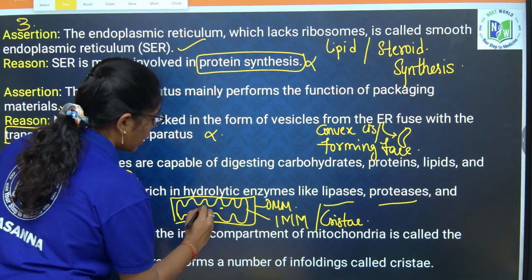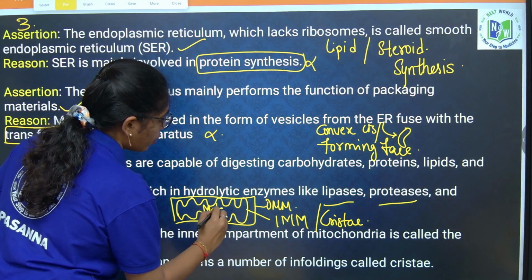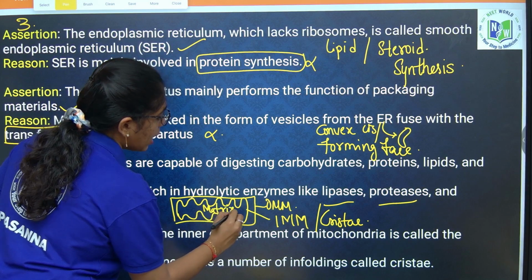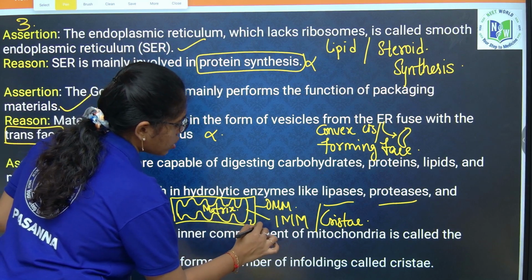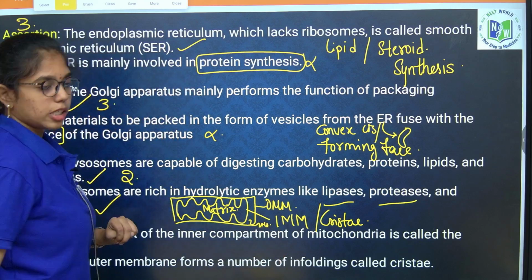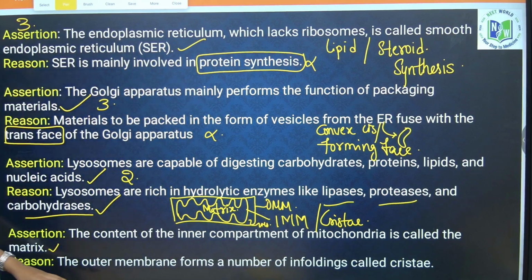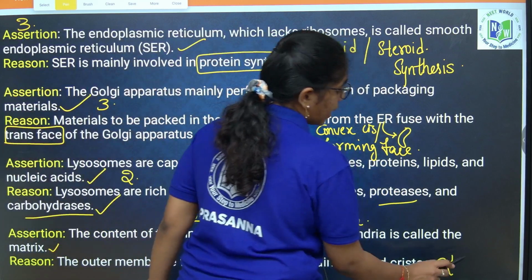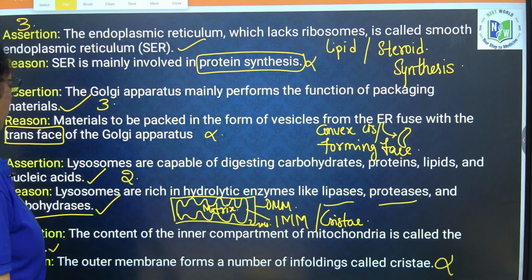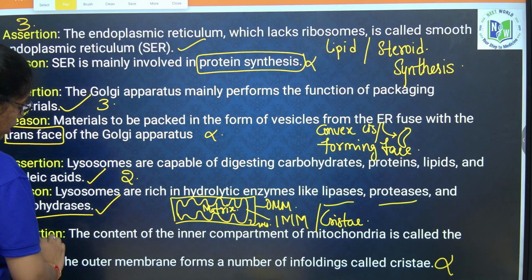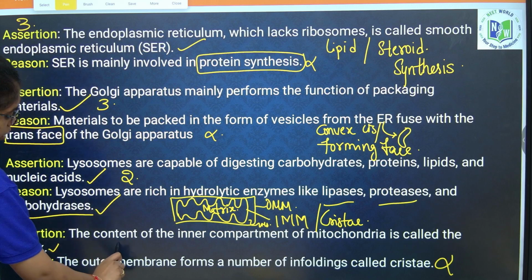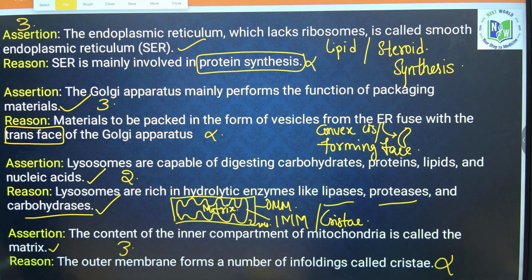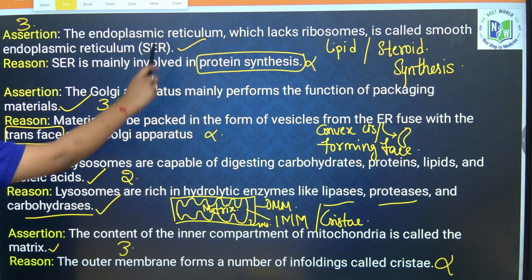The inner one is called matrix, the outer one is called intermembrane space. So, assertion is true. Reason: the outer membrane forms a number of enfoldings. Wrong. The inner membrane forms a number of enfoldings. Assertion is true, reason is false. Then option 3.